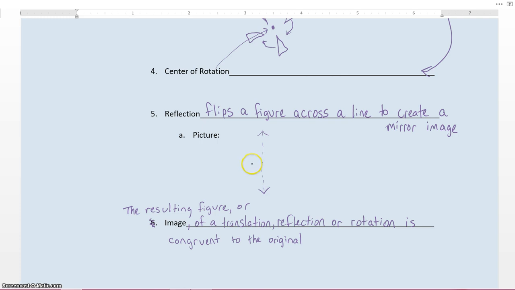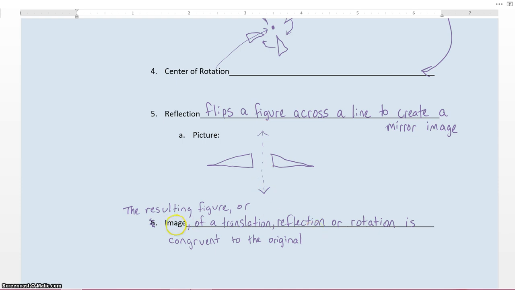And if I had a triangle on this side and I reflected it over that line, it would look like this. Some people talk about this as if you folded on this line, these points would line up, these points would line up, this point or vertex would line up. So when you fold it on a line, everything would line up on the line of reflection.